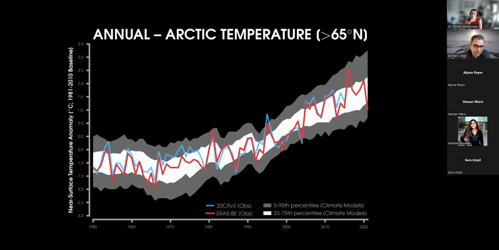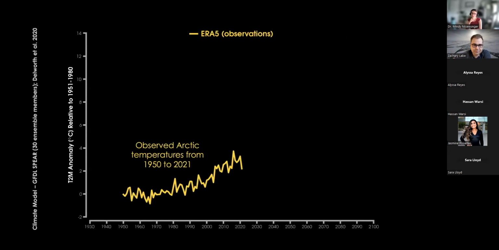So the goal here is if the red and the blue lines stay within the gray shading, and this is looking at the period from 1950 all the way to present, you can see, yay, they do, which means that our climate model is doing a really good job in reproducing the temperature of the real world. Again, giving us confidence that the climate models know what they're doing, and we can learn something from them about the future.